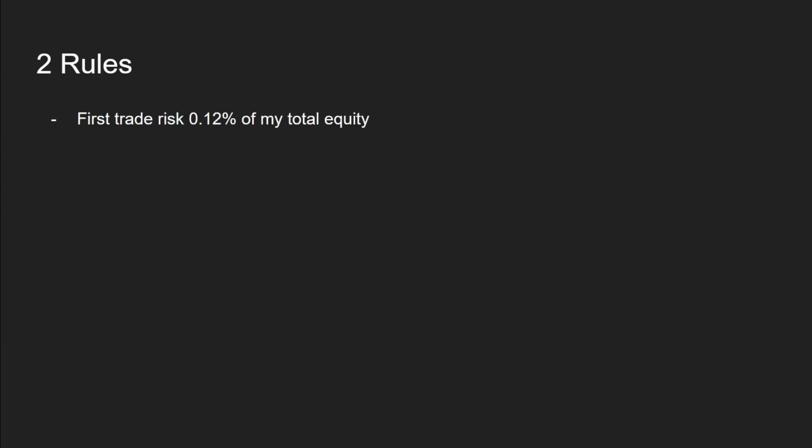Okay, so two rules. Now, the first rule is when you start your trading from a blank slate, a new account, your first trade, you always risk 0.12% of your total equity. Now, don't let words like equity and total equity scare you. It just means the total number of dollars in your account.